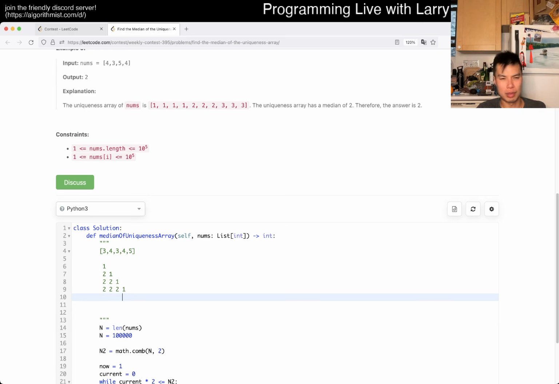And now it's 1, 2, 3. Because this is a new number from all these. The 4 dupes here. So then it just takes this and then adds a 2.